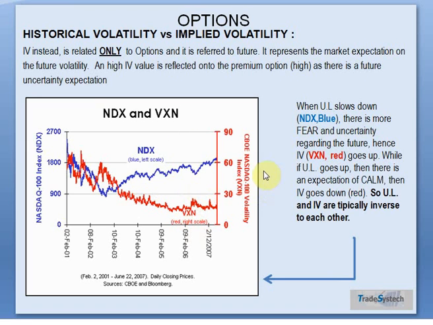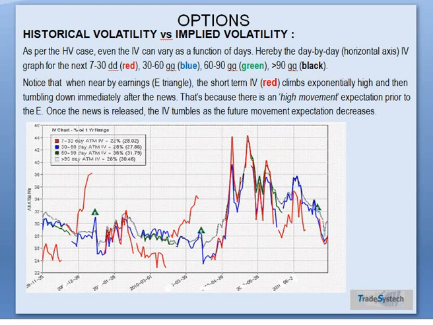So in fact, when you see the underlying goes up, it means that there is an expectation of calm for the future, and that is reflected in the implied volatility, because the operators are expecting calm for the future. In a few words, this is what is going on.